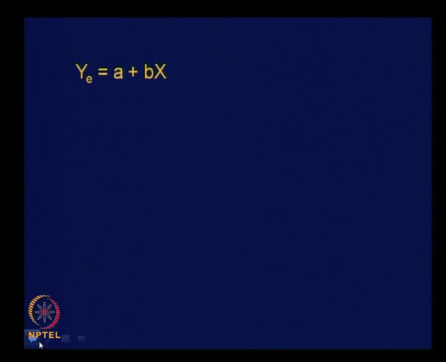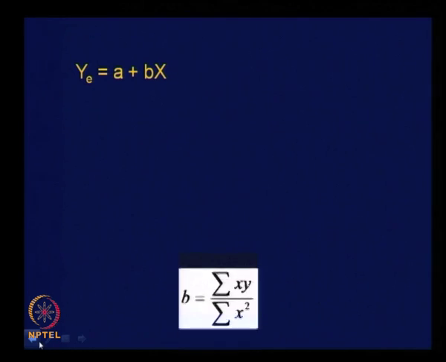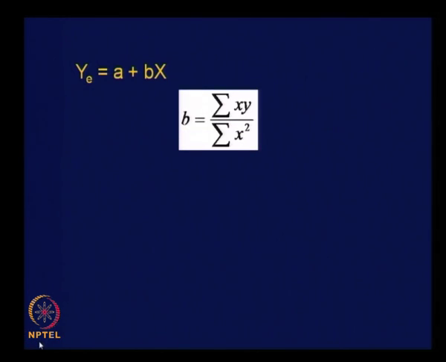The results that we have seen are this. We just assumed a very simple linear regression equation as Ye = a + bX. Now we are clear that we can estimate the regression coefficient b to be Σxy / Σx², and the intercept constant a is given as Ȳ − bX̄.